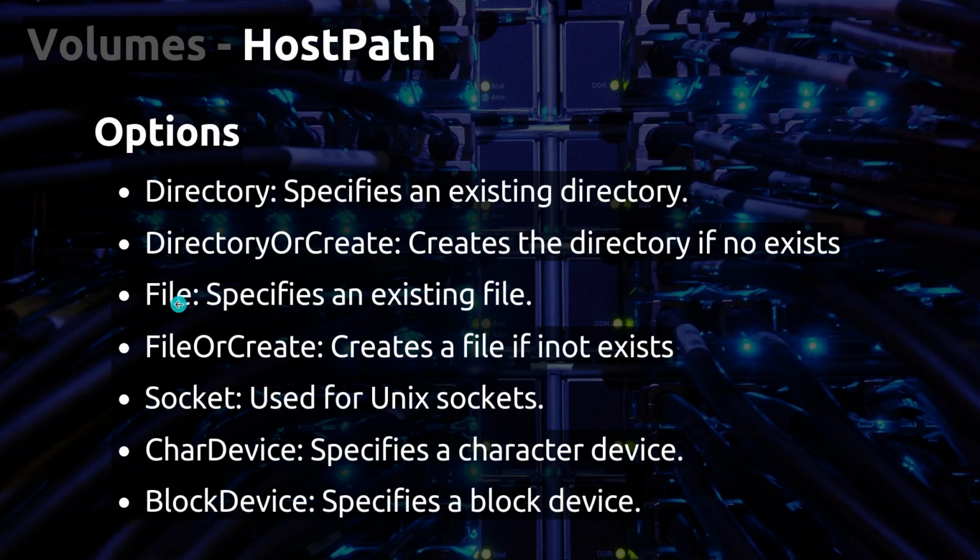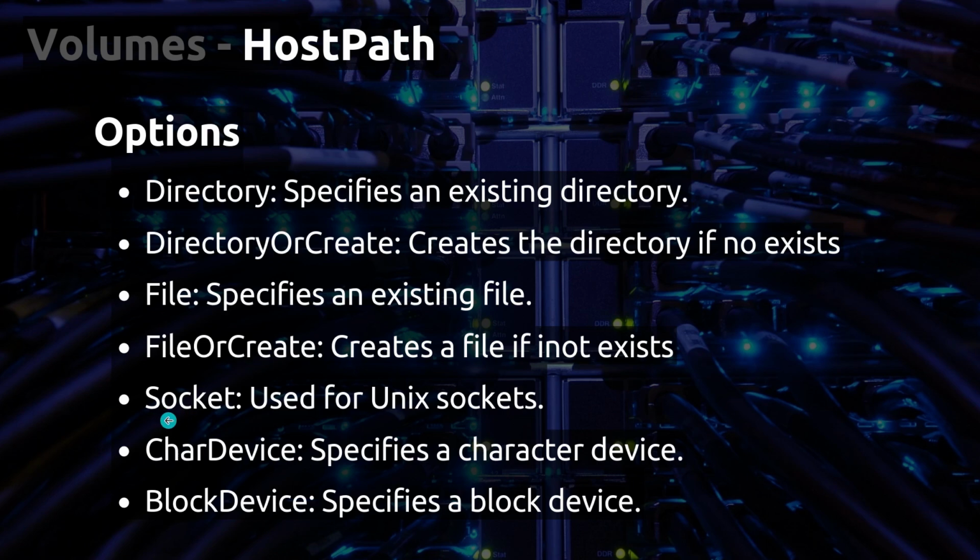Of course, you can use the same thing not for a directory but for a file, using FileOrCreate, exactly the same thing. If the file does not exist, it will be created.